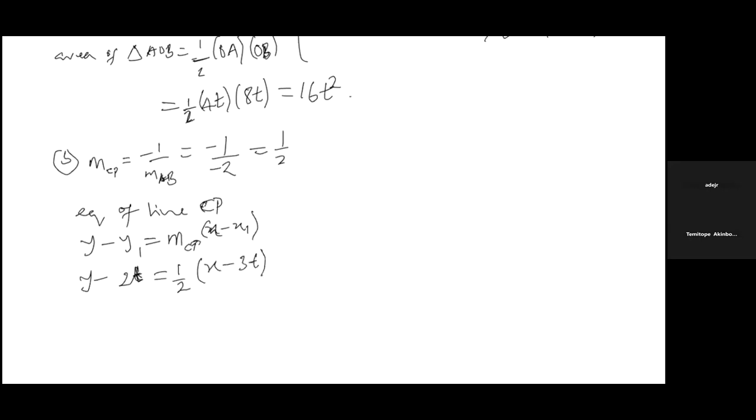Cross multiply with these two, so you have 2y minus 4t equals x minus 3t.